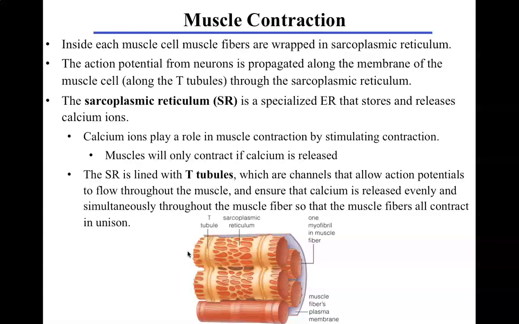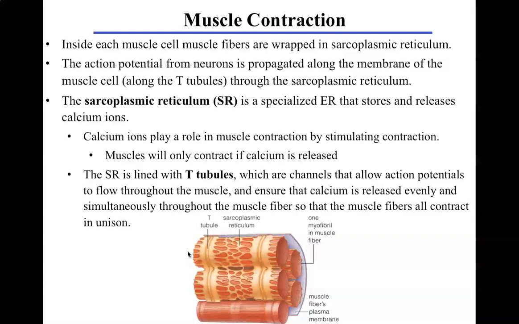And then as the calcium is released and it washes over the myofibrils, the calcium causes the actin and the myosin to interact and generates a contraction. All right, so calcium kicks off the contraction process.